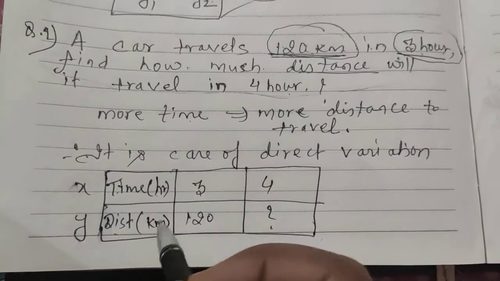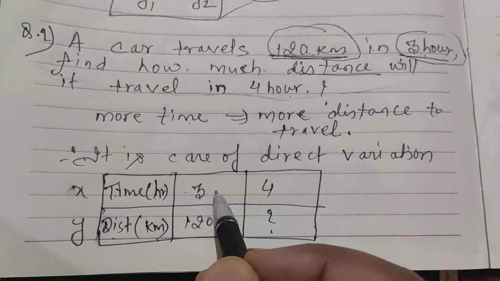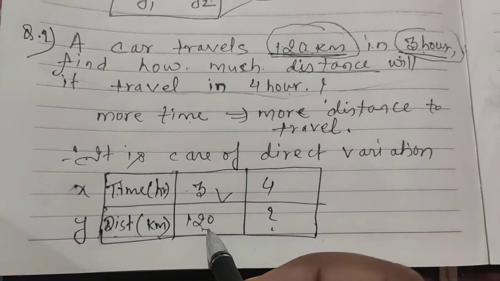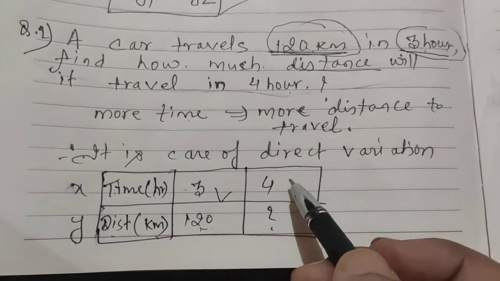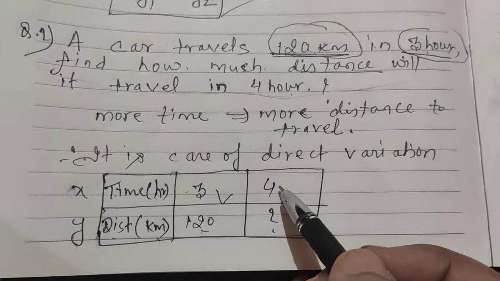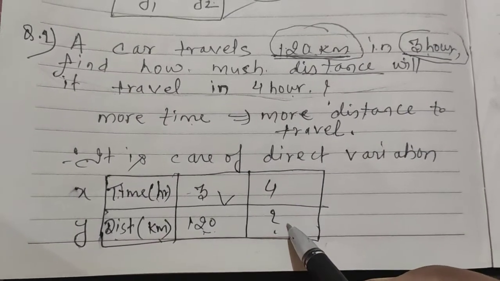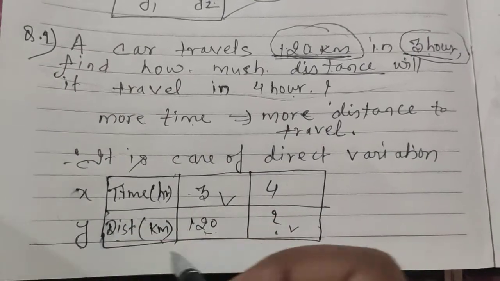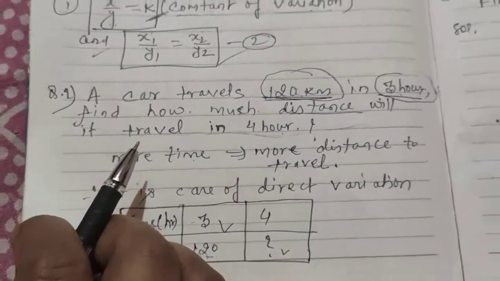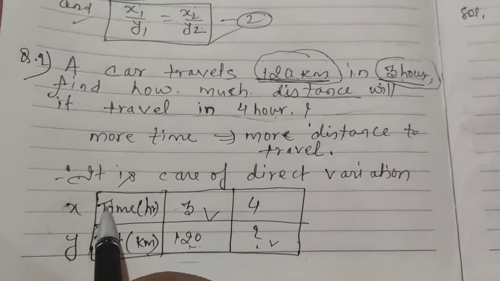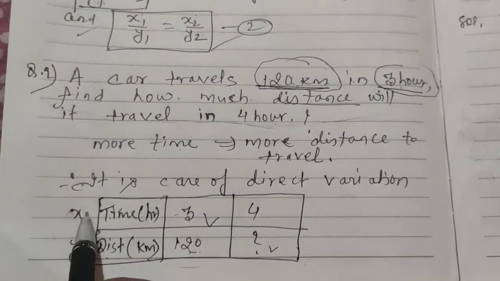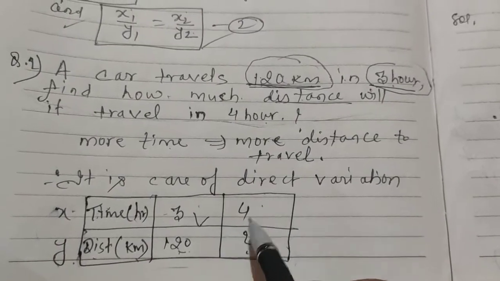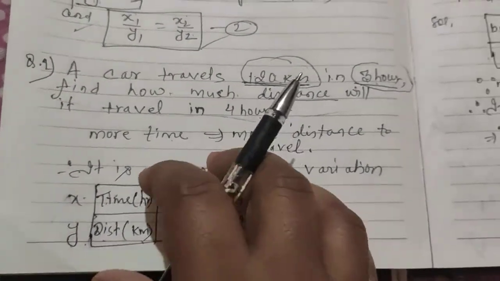From the question you find that in 3 hours it travels 120 km, and in the second case we have to find the distance traveled in 4 hours. You can assume the first quantity x, the second quantity y, and these are x1, x2, y1, y2.